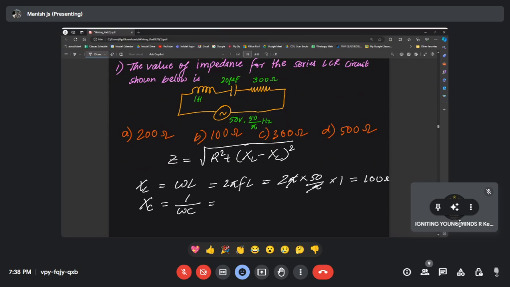What about XC? What is the value that you're getting? Same way you will do it. So 1 upon 2 pi times 50 upon pi times C, which is 20 microfarad, so 20 into 10 power minus 6. You need to go for a simplification. Again, I think your pi is getting cancelled off.